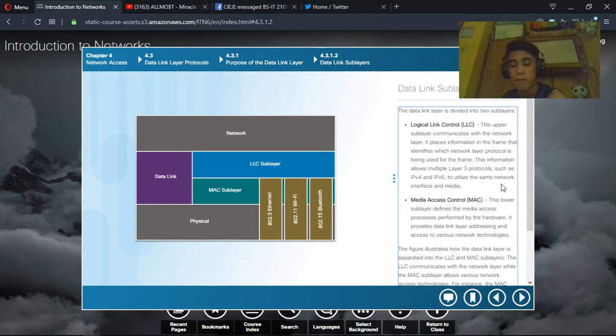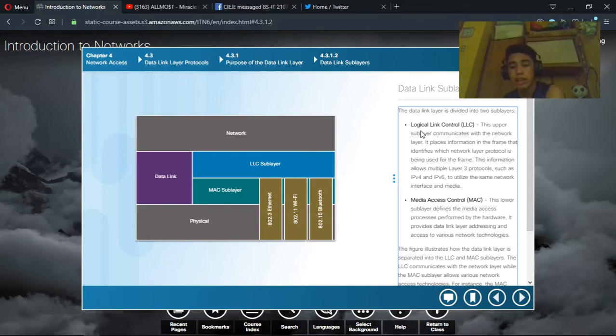The media access control, or MAC, this lower sublayer defines the media access process performed by the hardware. The MAC address is more on the hardware part of the network layers.